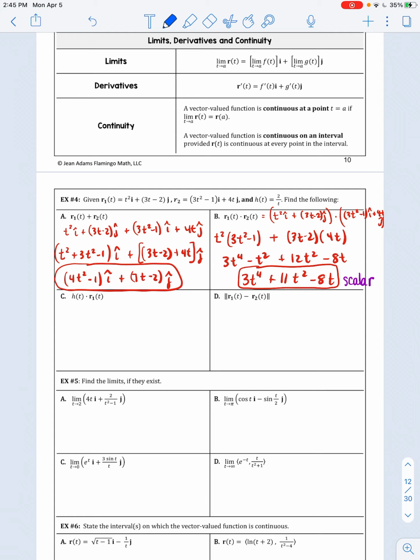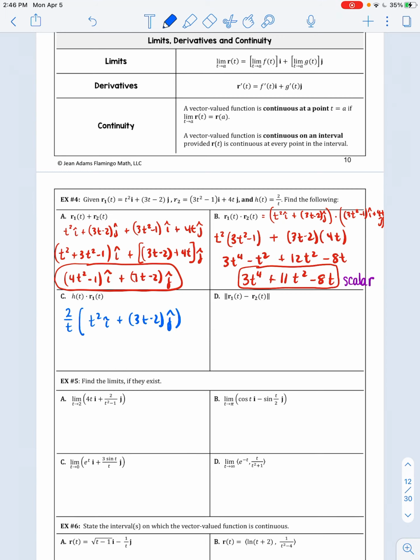Now, this time I've got the h of t just being multiplied by the r1 of t. So it's like a regular function times a vector-valued function. My regular function is 2 over t times my vector-valued function of t squared i plus 3t minus 2 j.